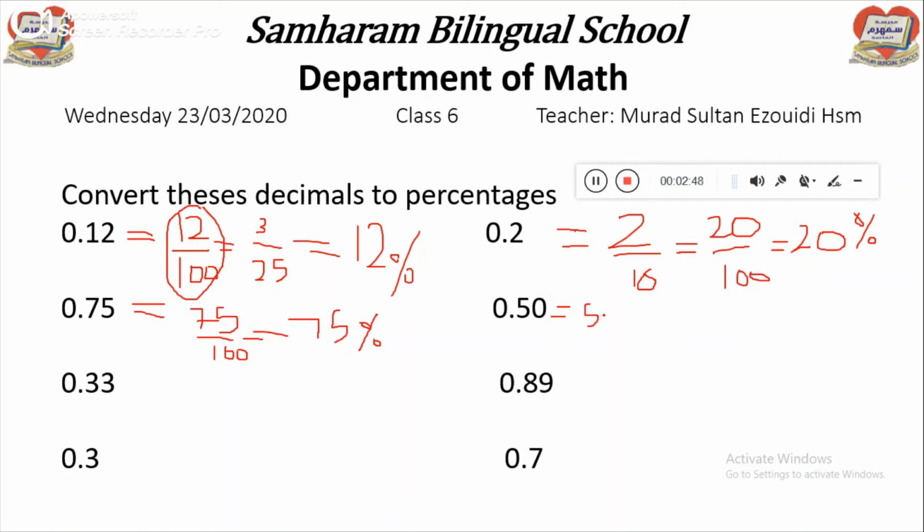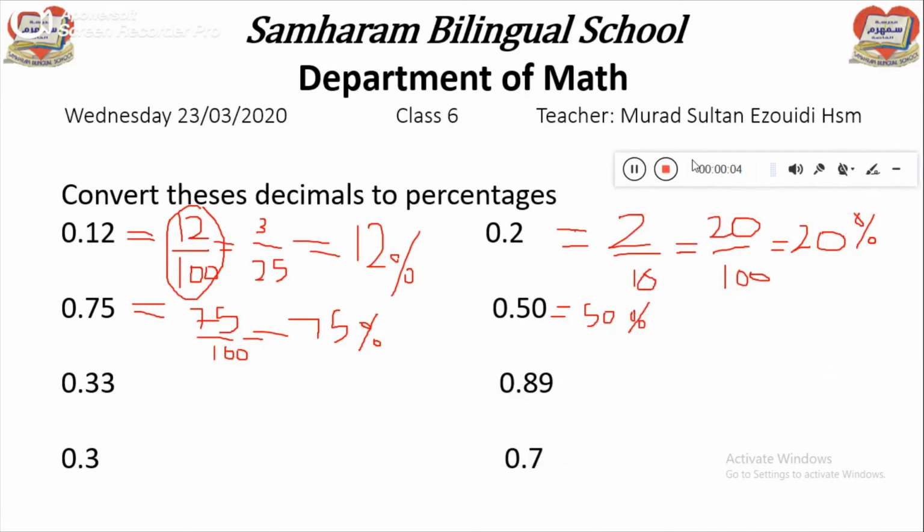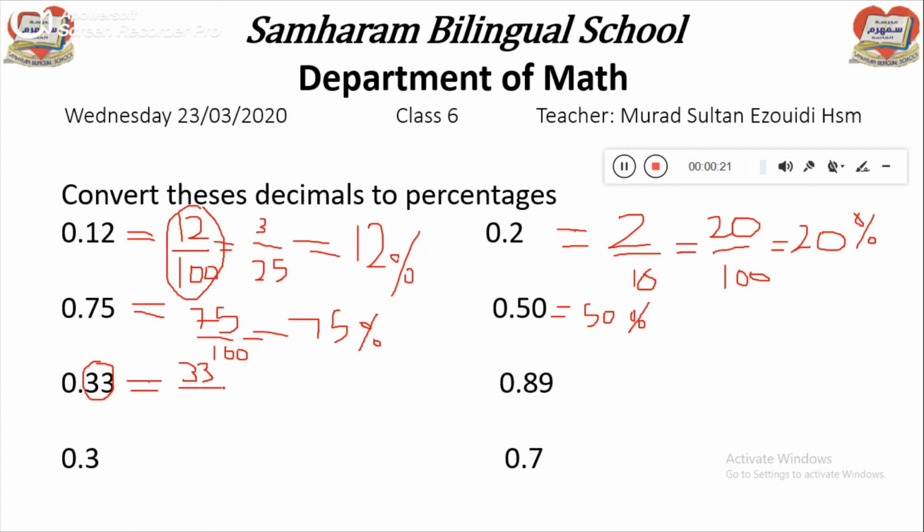Good boy. The next example, 0.33, I will just write this as the numerator and divide it by 100. So 33 divided by 100 is equal to 33%. Very good.